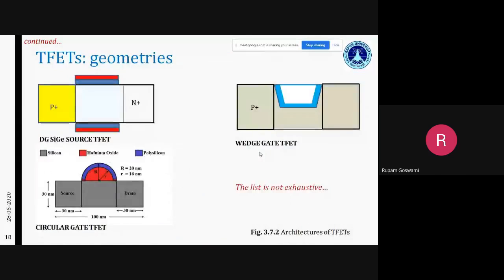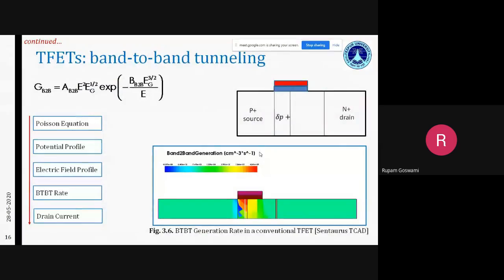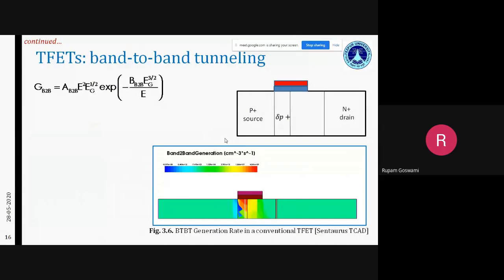So the reason for this can be explained with the help of this diagram of the band-to-band tunneling rate here. If you see here, you can notice that this red portion near the tunnel junction has an order of 10 to the power 29 of band-to-band generation.